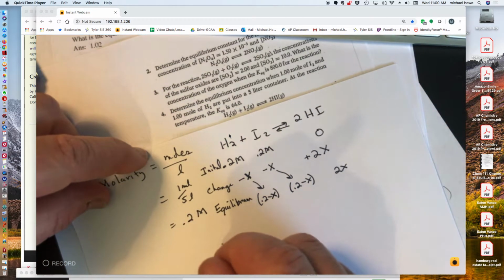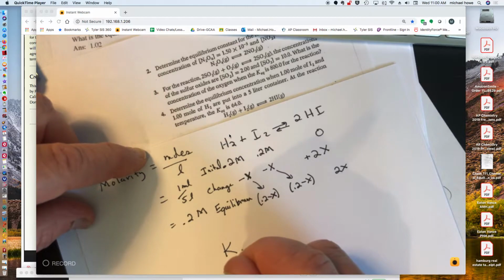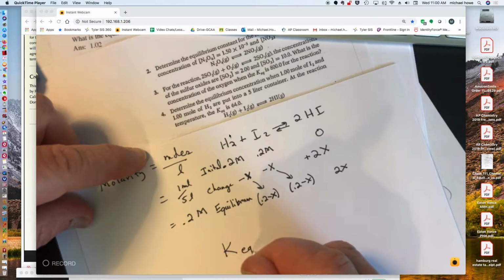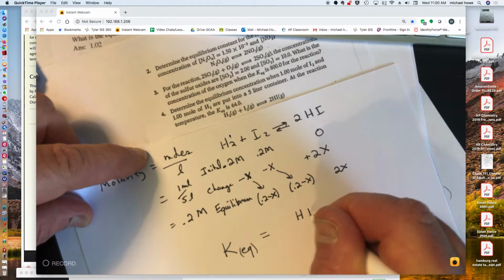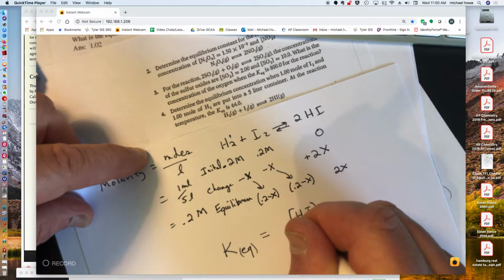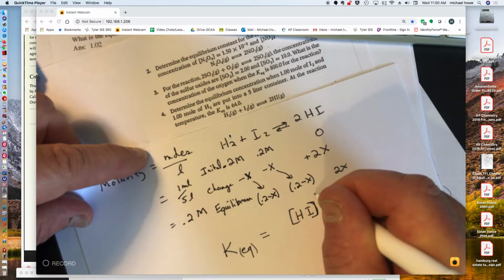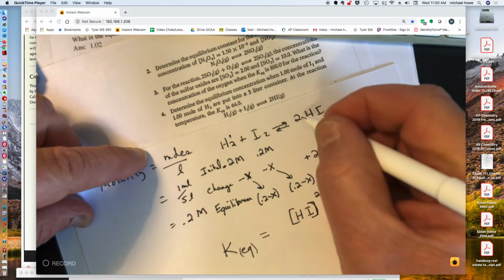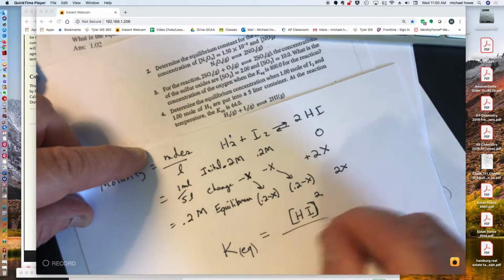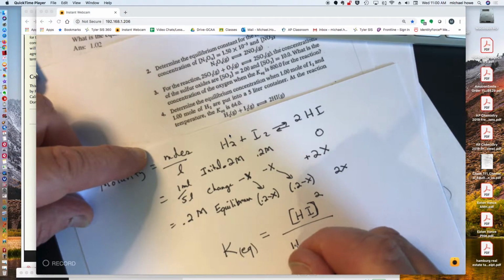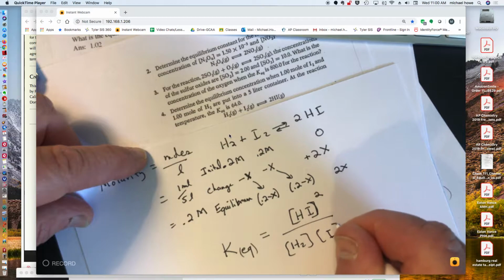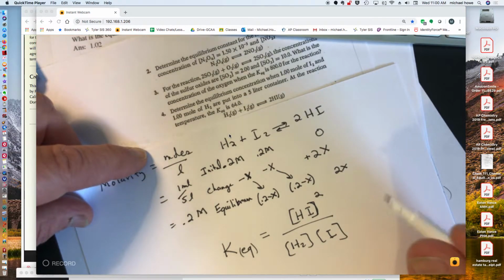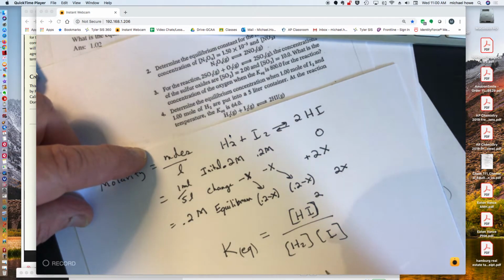So we have the equilibrium constant, Keq, or Kc, is going to equal the HI concentration. These brackets mean moles per liter, and that's going to be squared because of that coefficient. The H2 multiplied by the I2. It's the products divided by the reactants, everything raised to their coefficients.